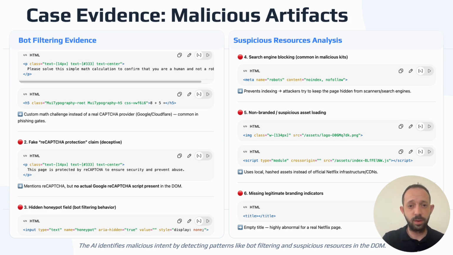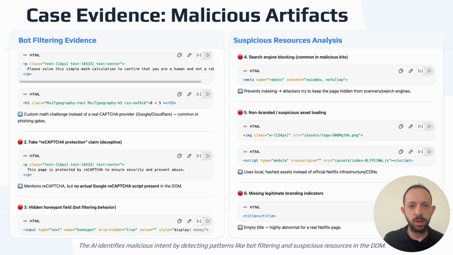Again, I have search engine blocking with the noindex meta tag, which prevents search engines from indexing the page. Again, anti-bot code. Now, I think that the most malicious artifacts are coming now. They are the last artifacts. First of all, there is a known brand suspicious asset.